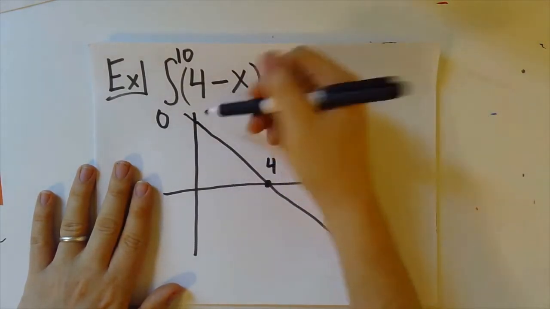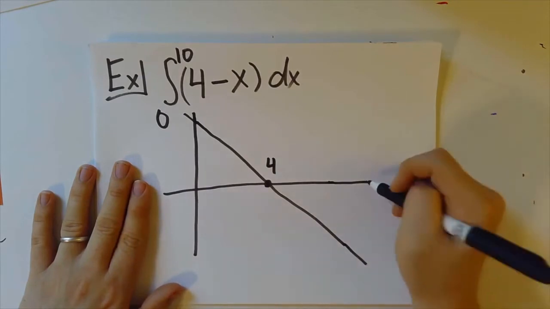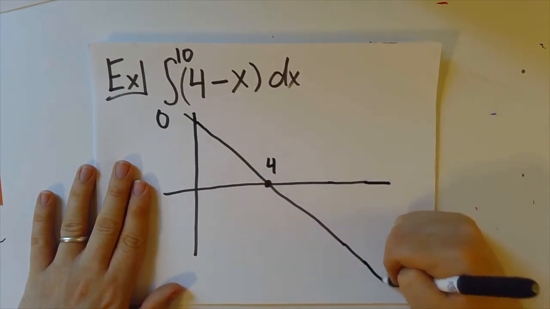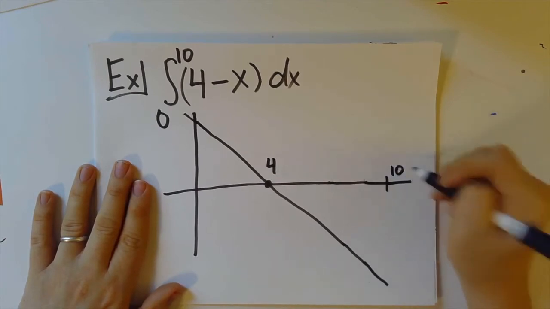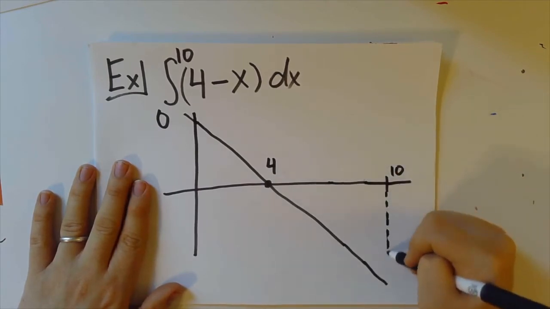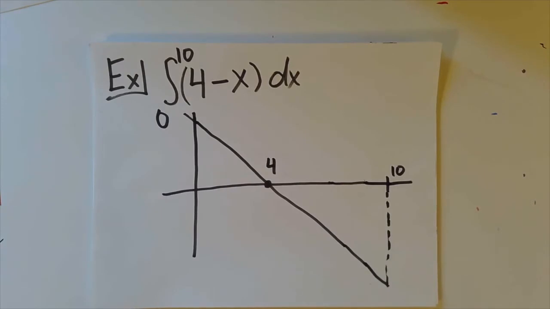Okay, and so we're going here from 0 all the way over to 10. So I'll go ahead and mark 10 here. And we have another sort of bow tie shaped region here.